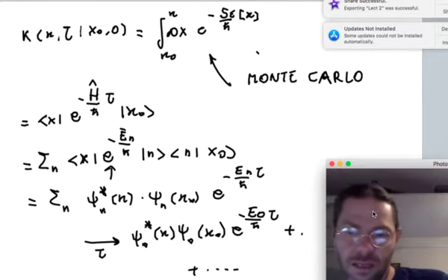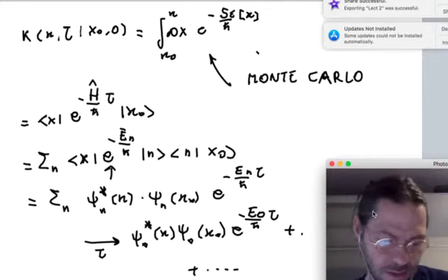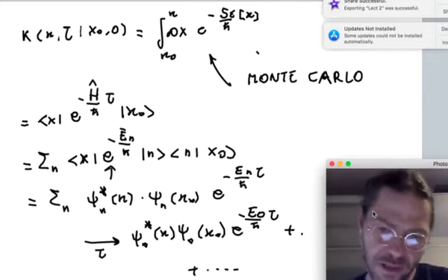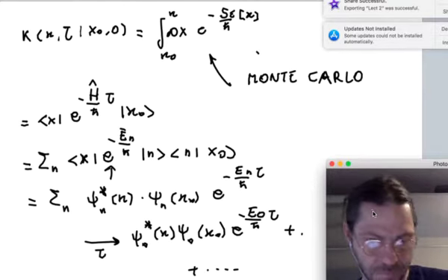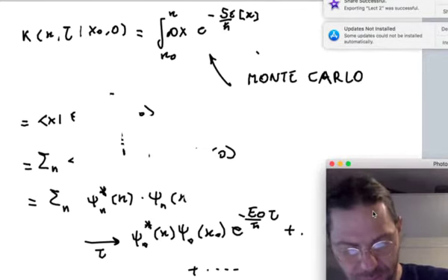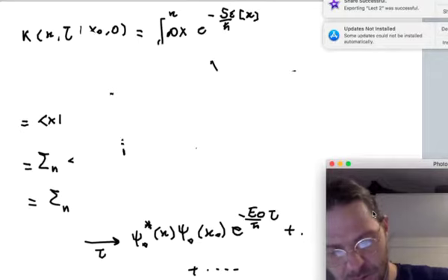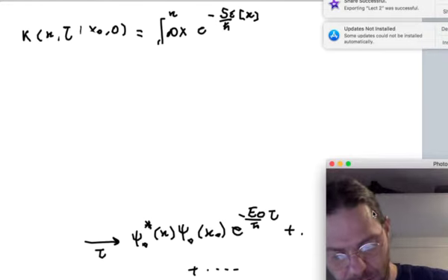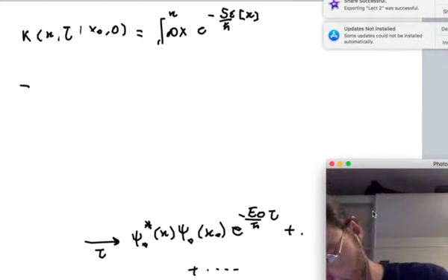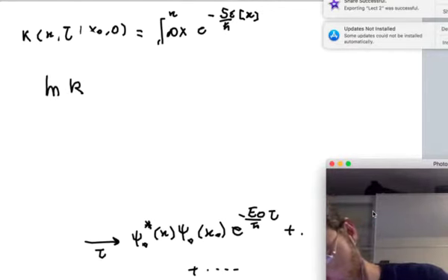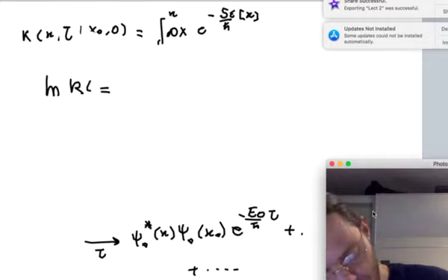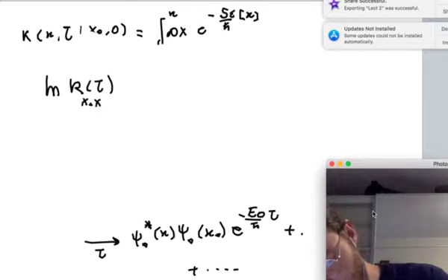So to make this explicit, let's take the logarithm of this object. Let's take the logarithm of k, considering k as a function of time only, keeping x naught and x fixed for a moment.